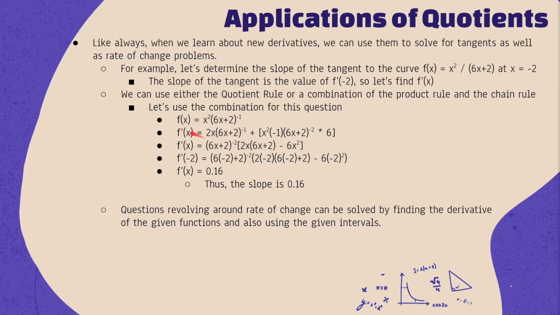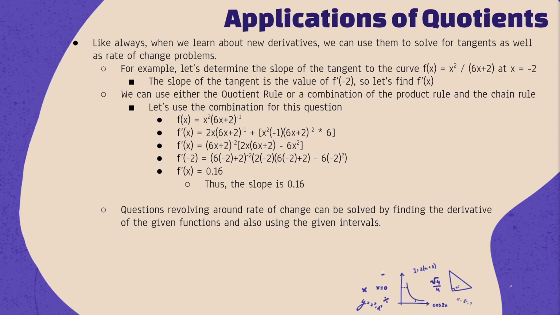You could have actually plugged in -2 at this point here, but some teachers are picky about how far you go into your simplification of the derivative, and for that reason, I just want to show you at least one extra step. But now, once you substitute -2, you could put this into a calculator and you'd find that f prime at -2 is 0.16, and thus the slope of the tangent is 0.16.